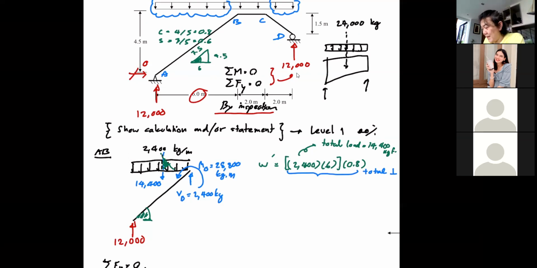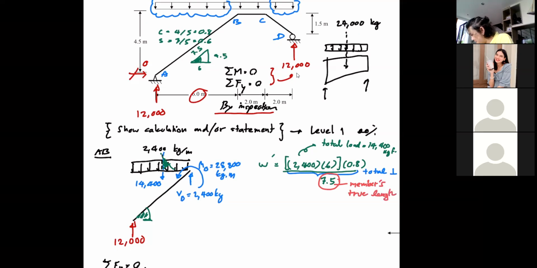Okay, and now we turn this back into the uniform load again by dividing this by the length of the member, which is 7.5. So you can say maybe it's a different color. Member true length.